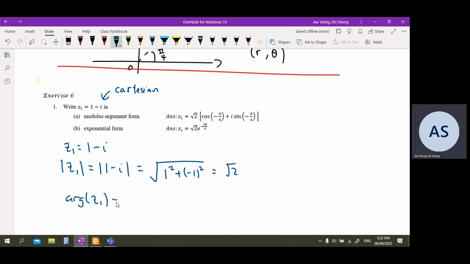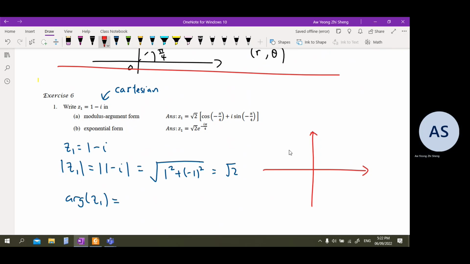Argument of z1. To find the argument of z1, we follow the procedure as learned on page 14, where we visualize the argument diagram in our mind, or you can draw it at the side. Figure out which quadrant your point z1 lies in. It is 1, -1, so it should be in quadrant 4.